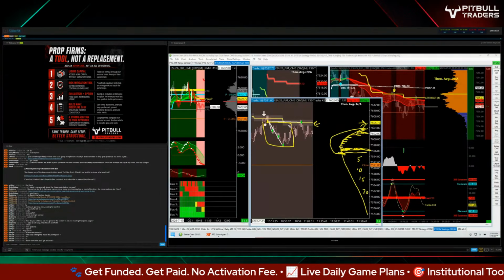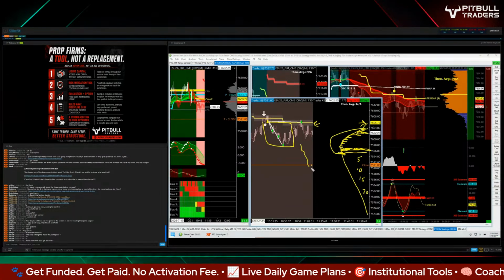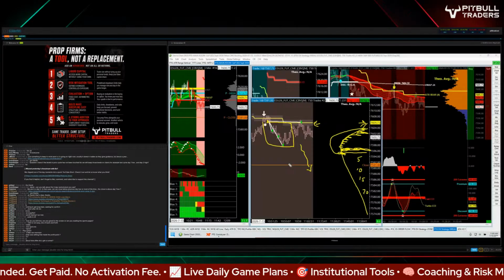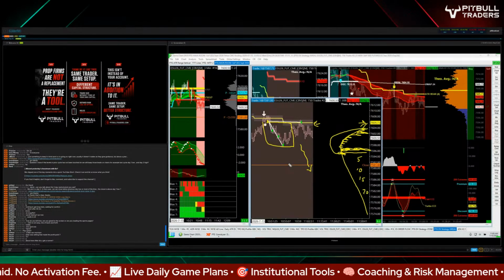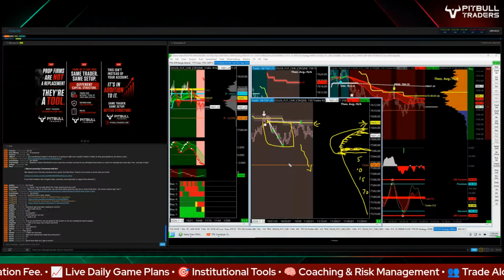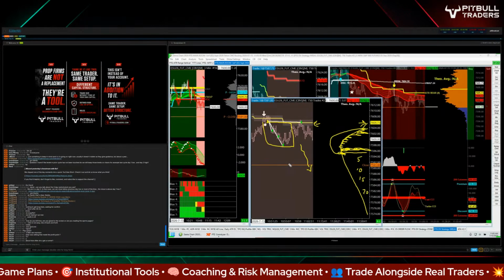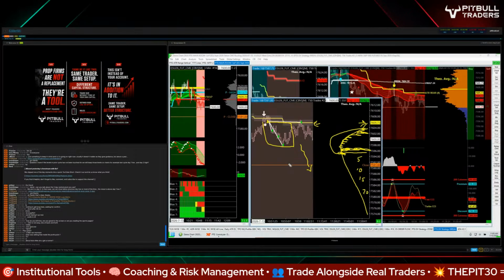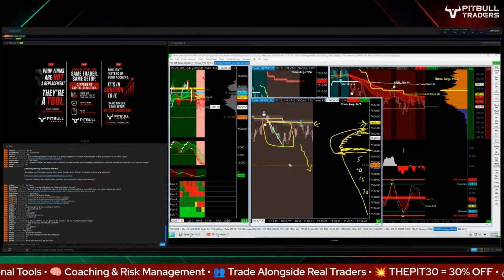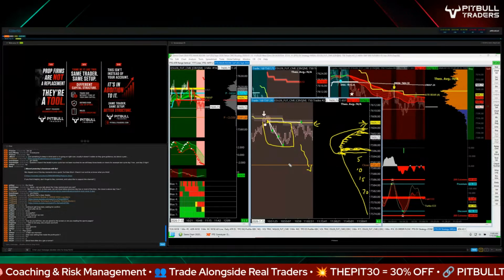So that runner, we'd love to get it, but how often do you get a runner? Not that often. I don't have a number specifically on the occurrences. You may get a couple runners a week. Depends.